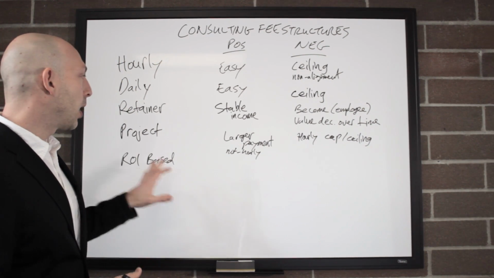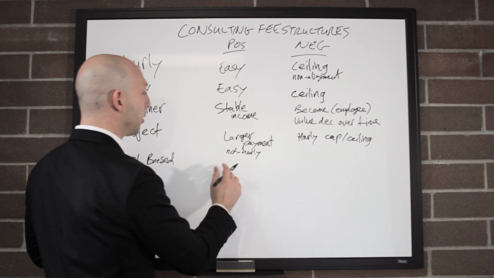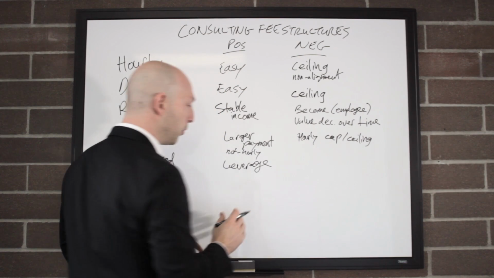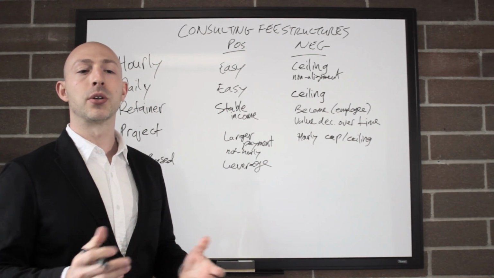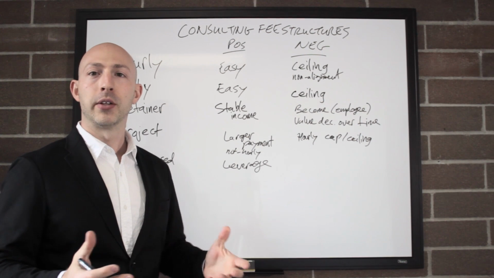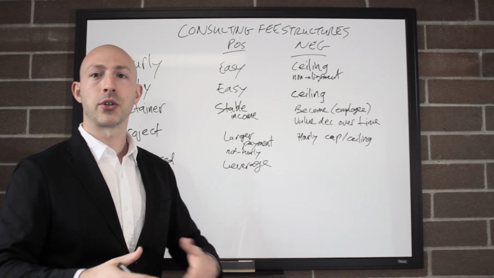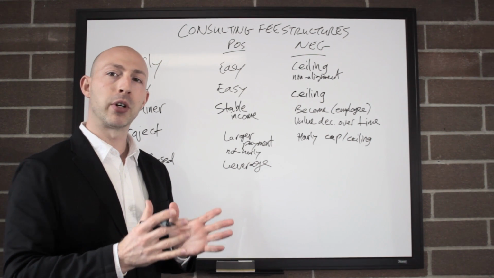So the positive of the ROI-based approach is that there's a lot more leverage. If you can create in 10 hours a result for a client that is worth $1 million, you can find that there are many situations where you can charge $10,000, $50,000, even in some cases more than that for a very short number of hours.